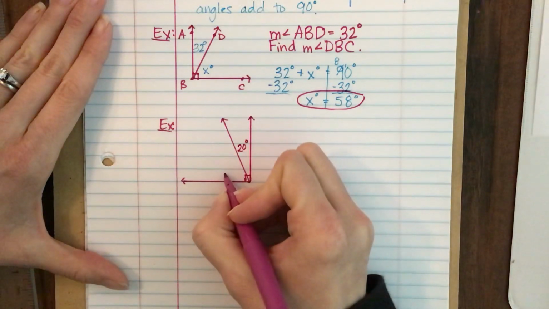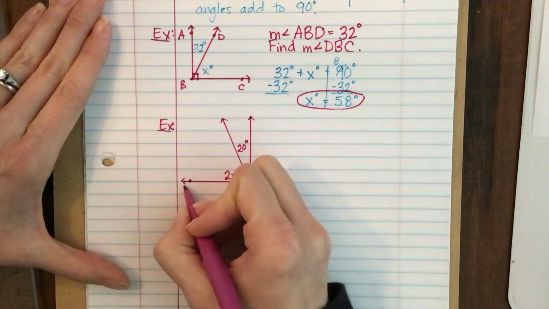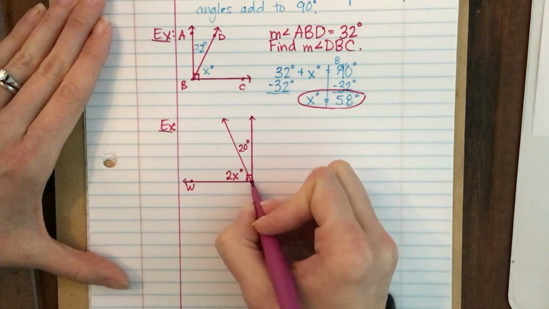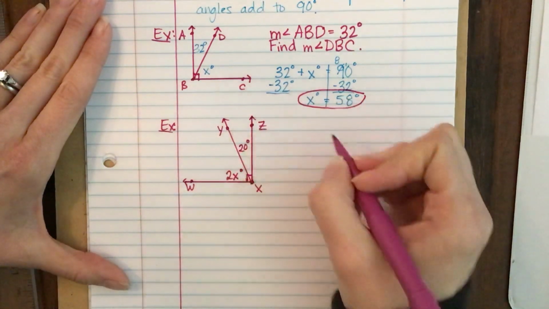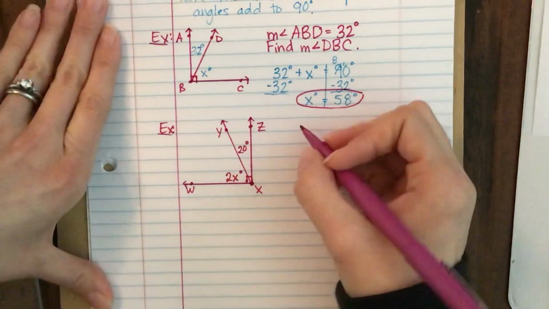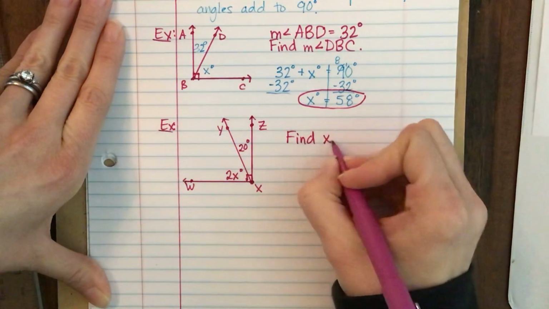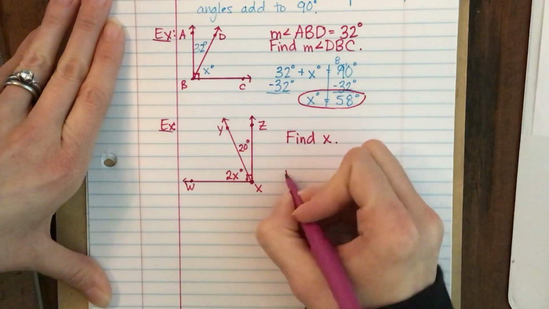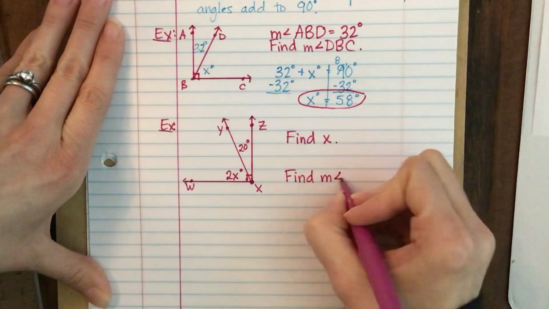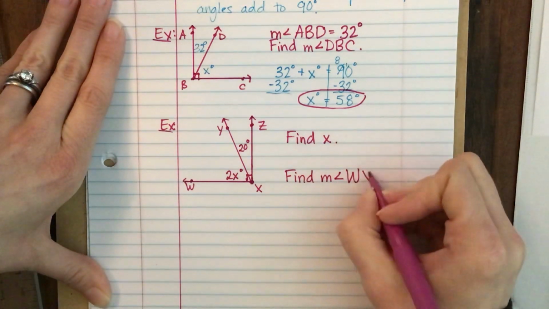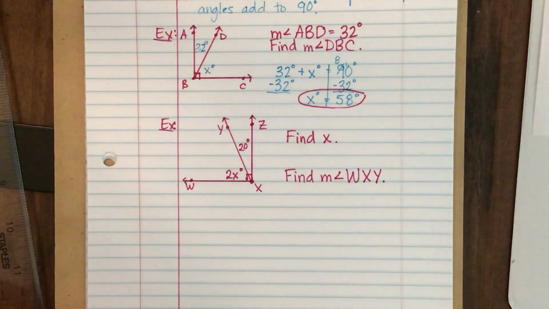The measure of this angle is 2x degrees. Let's go ahead and give these angles a name. W, X, Y, and Z. Okay, so we are going to find x. And we are going to find the measure of angle WXY. Okay? All right, so let's talk about what we know.